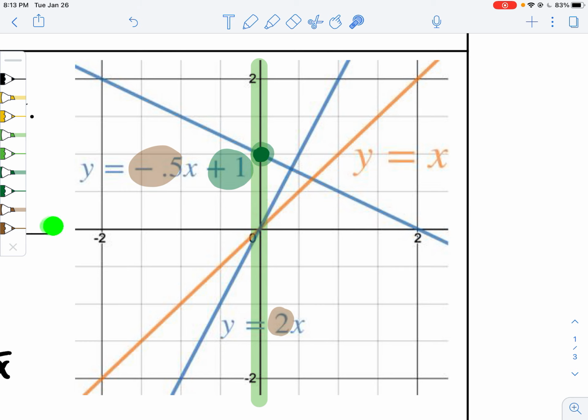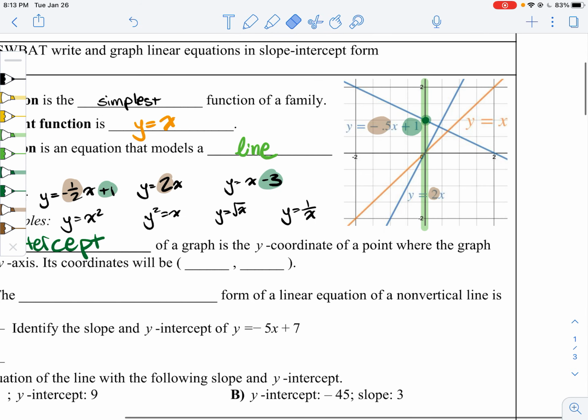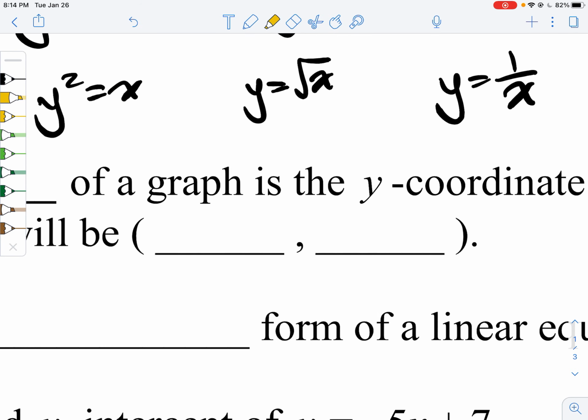That means your x doesn't go anywhere. You don't go over to the right anywhere. You don't go over to the left anywhere. Your x is 0. So on your y-intercept, your point is always going to be 0, something.